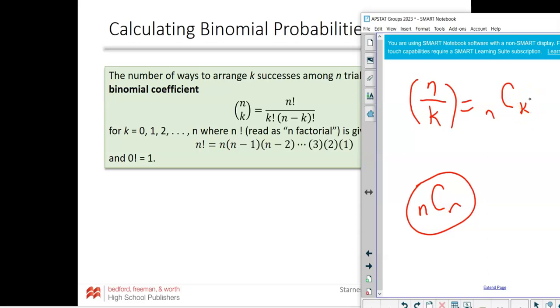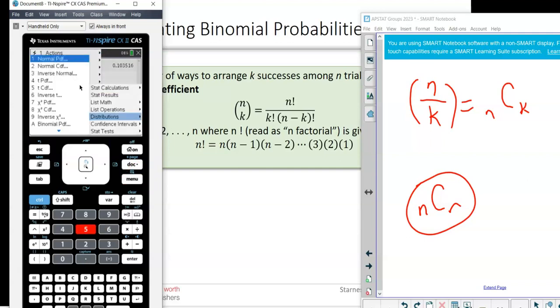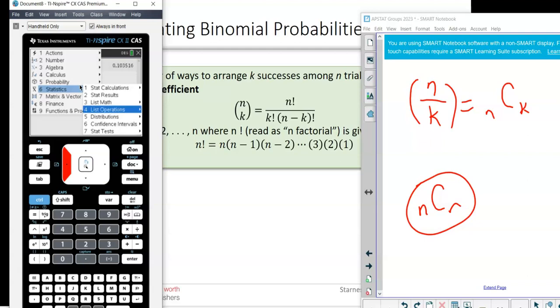To get to NCR, you would go to, let's see, menu, probably 6, distributions, 5. No, it's not under there, is it? NCR is not there. Okay, so let's try probability. There it is.